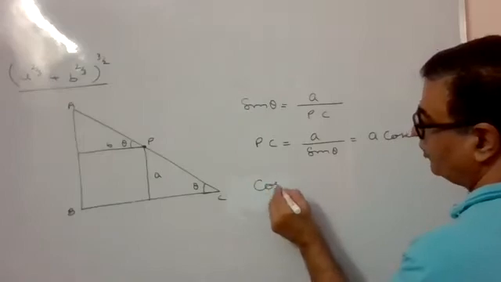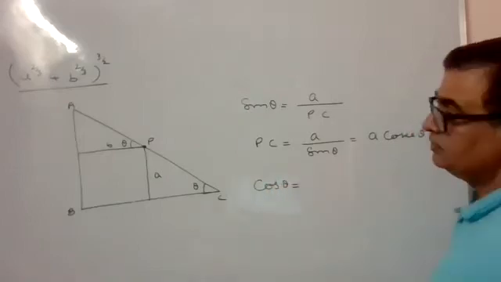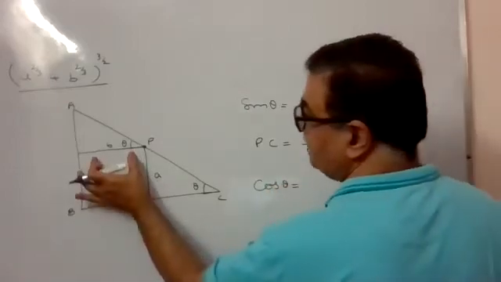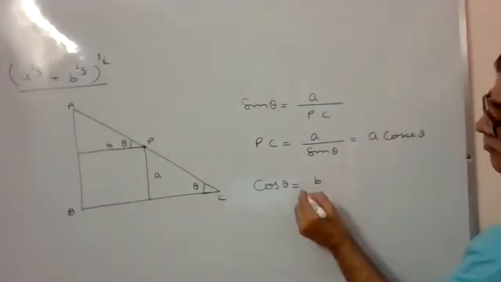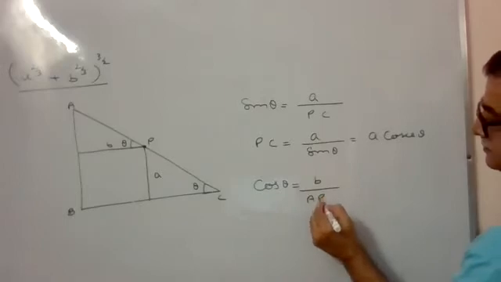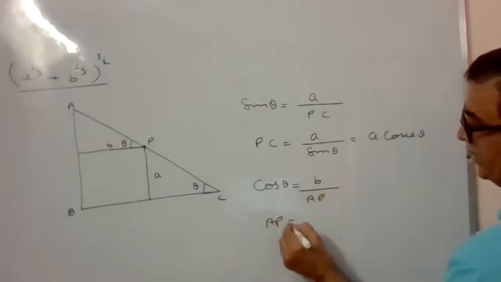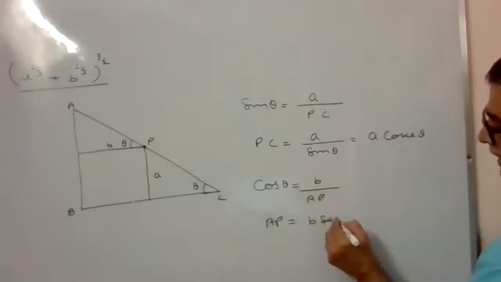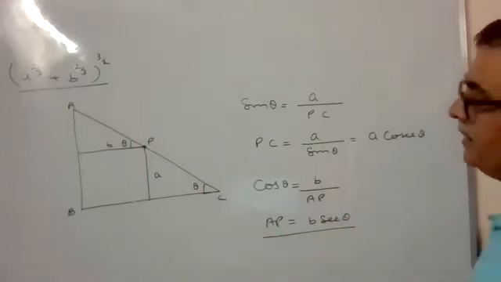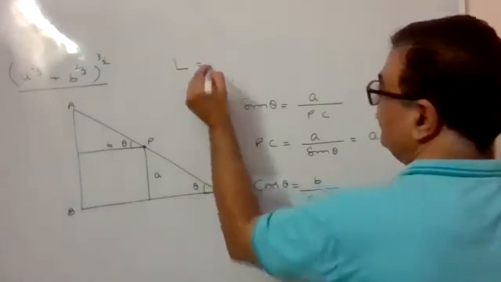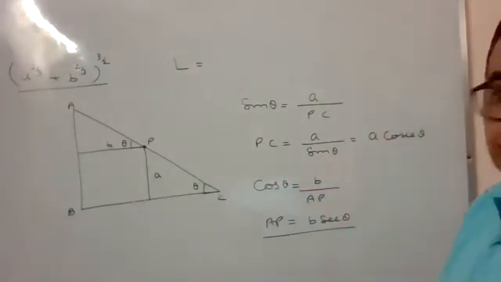Same way we go for cos theta. Cos theta is base over hypotenuse, so B by AP, or AP will be B sec theta. And now the question says the length of this hypotenuse is to be minimum.